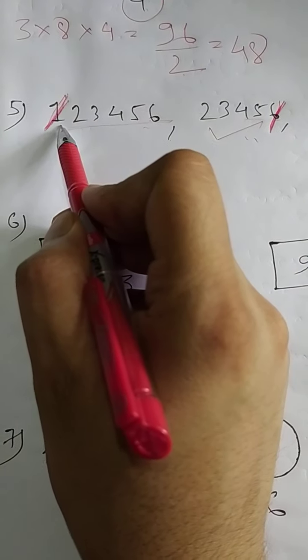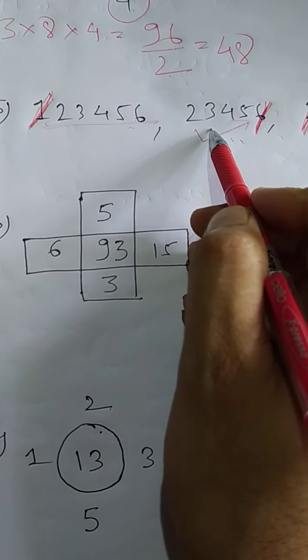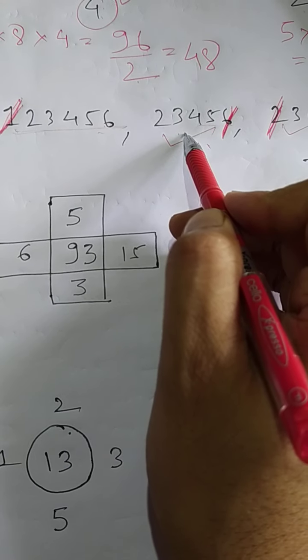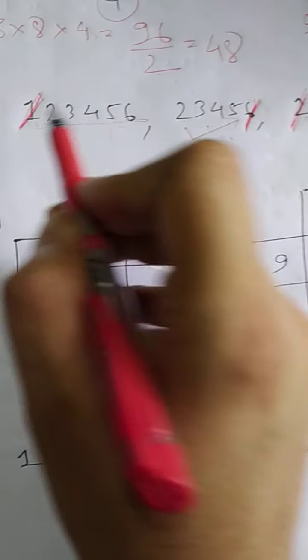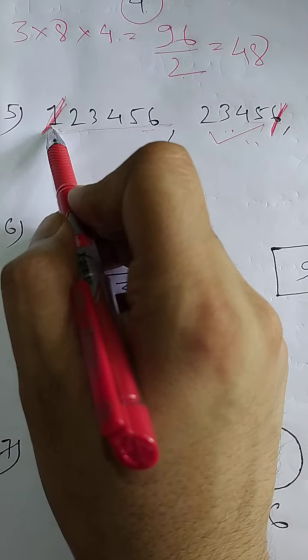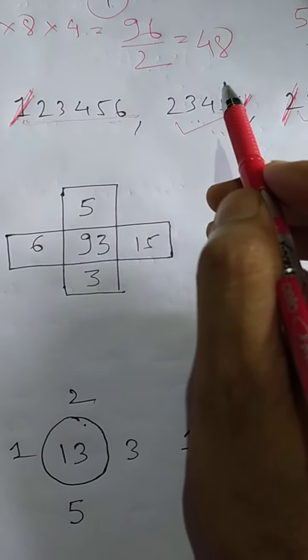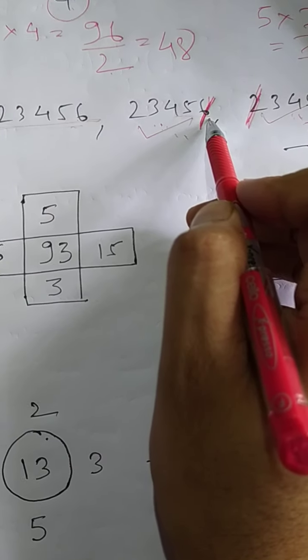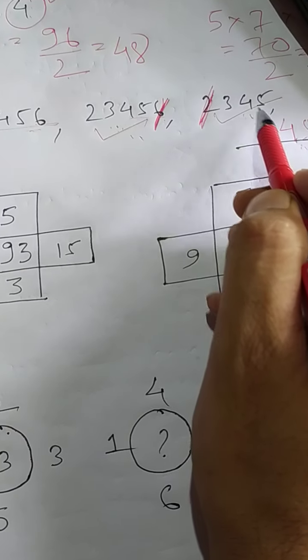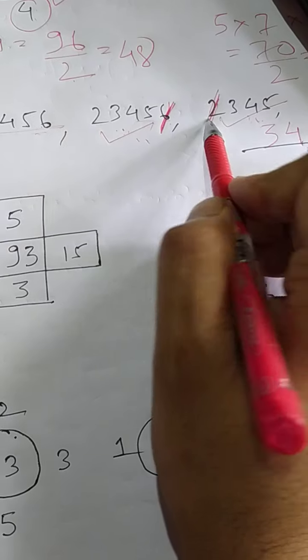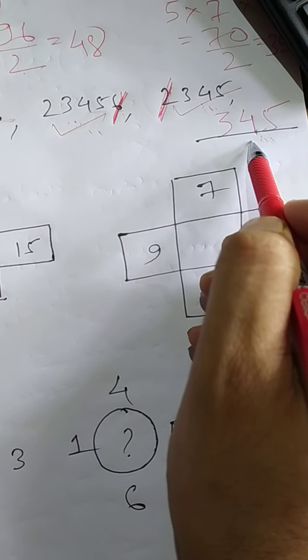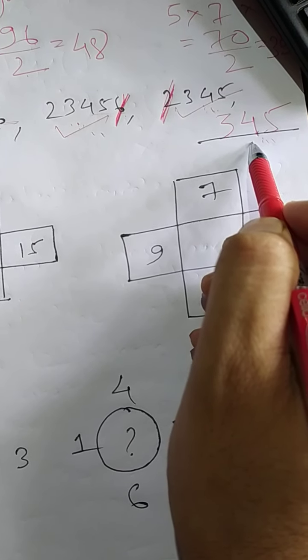So from the first number you remove the first digit, you will get the second number. From the second number you remove the last digit, 6, you will get the third number. From the third number again you remove the first digit, you will get the answer 345. Okay.